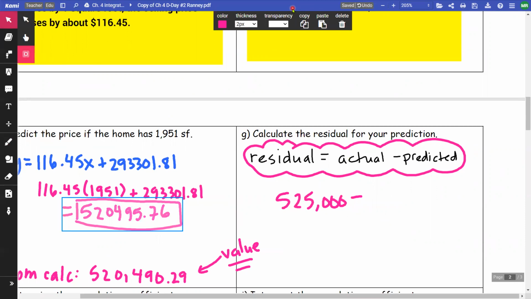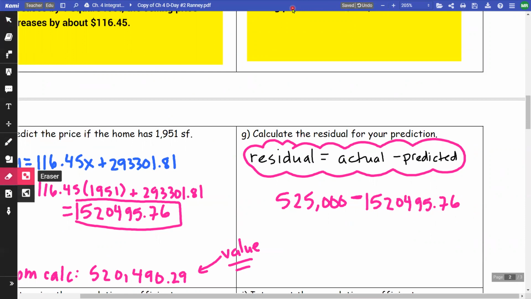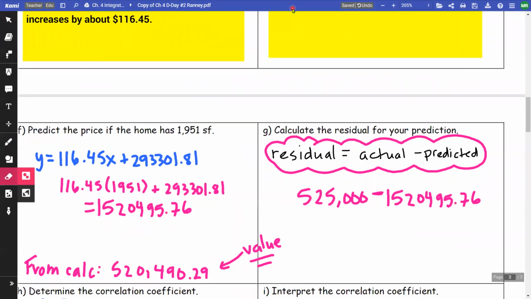Let me copy and paste. Okay, so I'm subtracting the predicted value that I had.